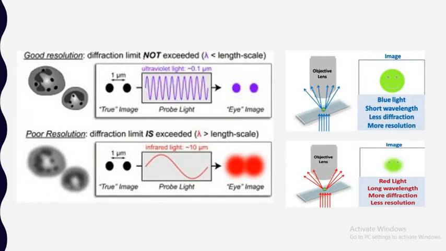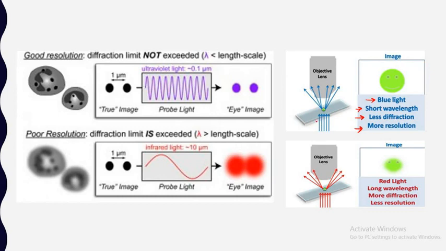The last one is diffraction. How diffraction limits the resolution. If you see from the figure, you will also get to know the concept of the wavelength over here. You see blue light has a shorter wavelength. The shorter the wavelength, the less it gets diffracted and the more resolution you will get.